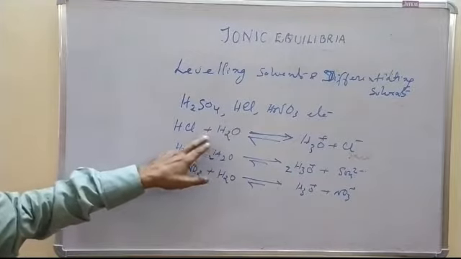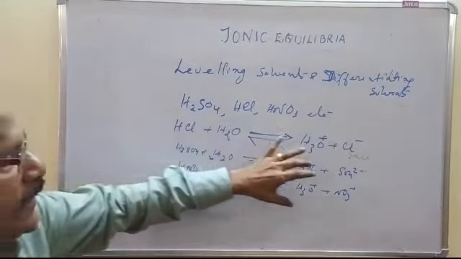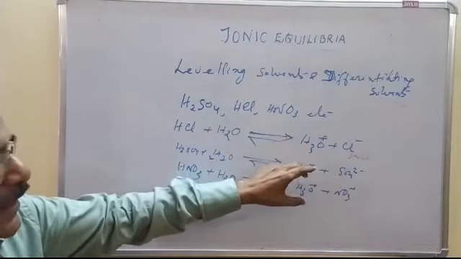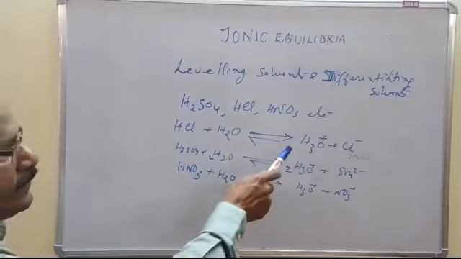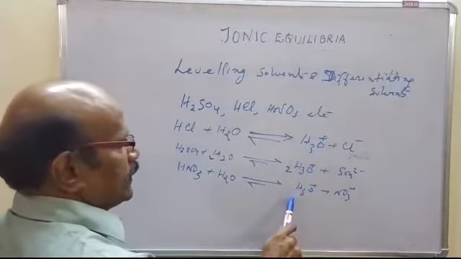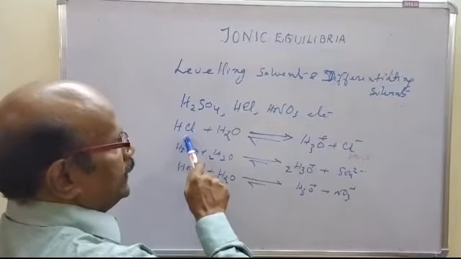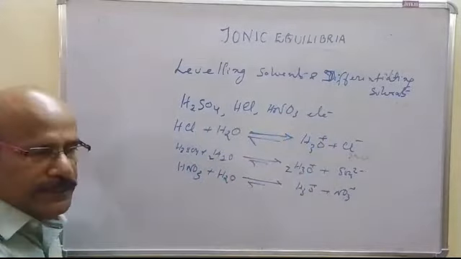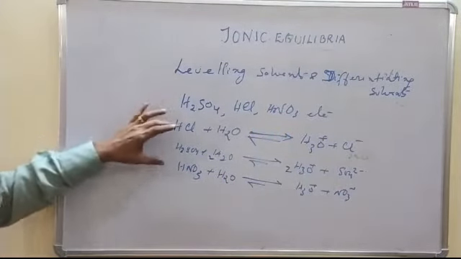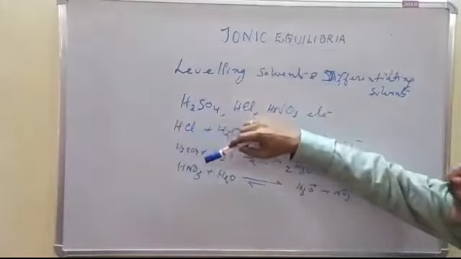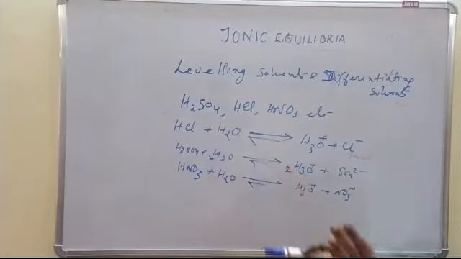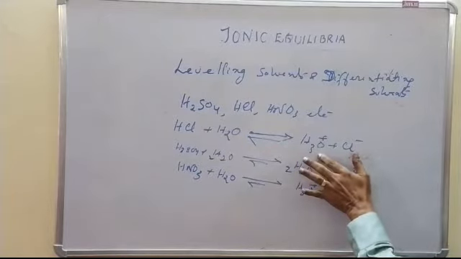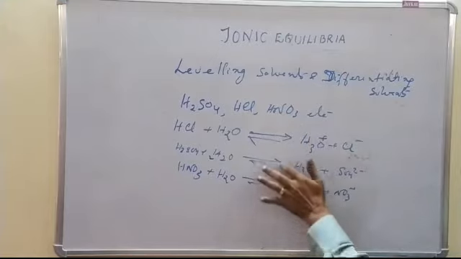All the acids are equally ionized to the level of the hydronium ion: HCl, H2SO4, HNO3 are completely ionized by H2O to the same level as that of the hydronium ion.